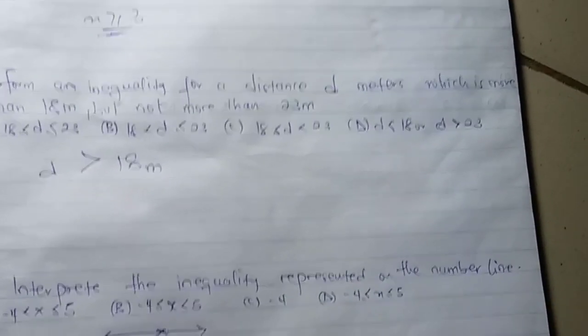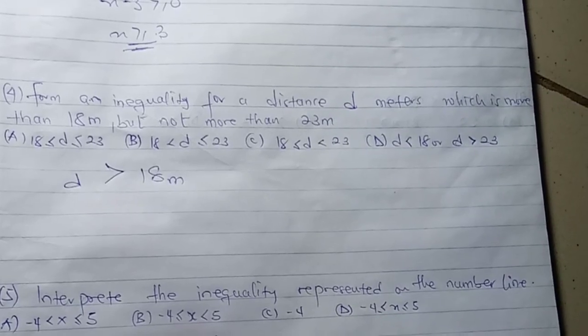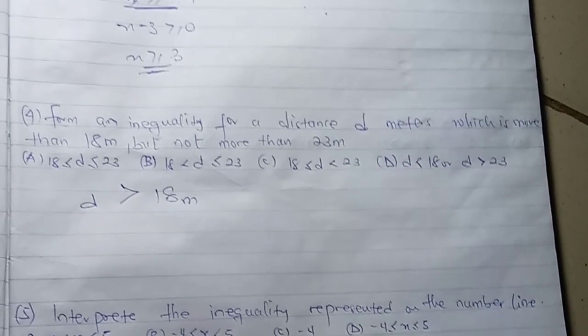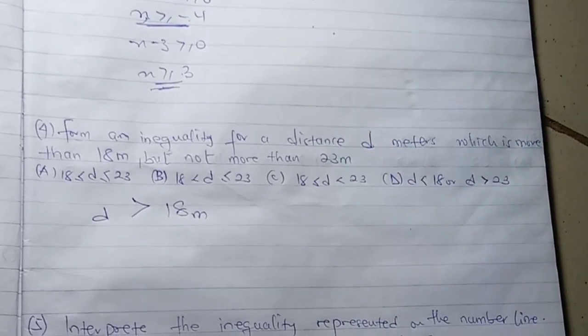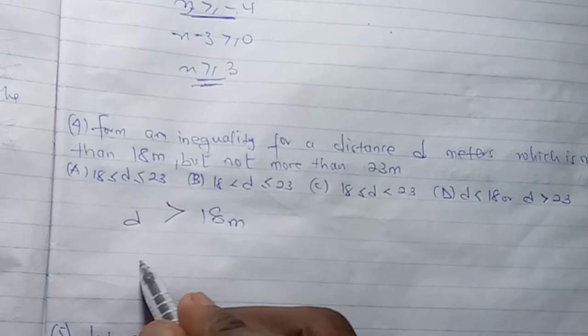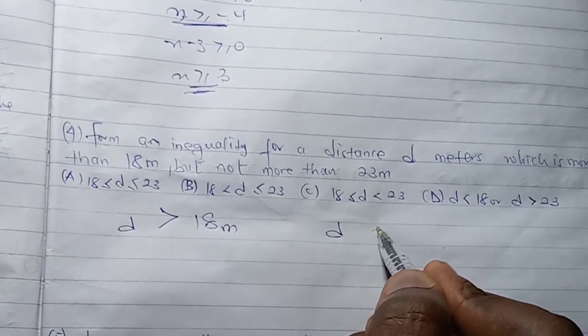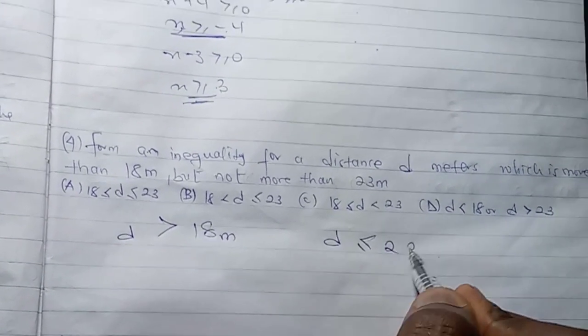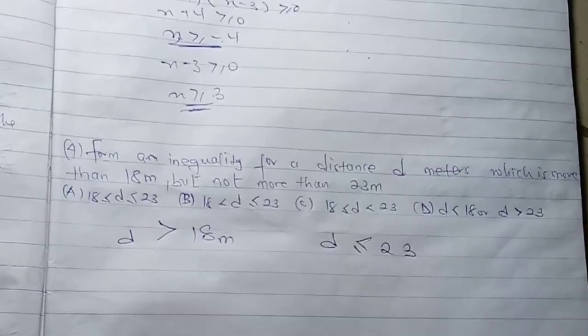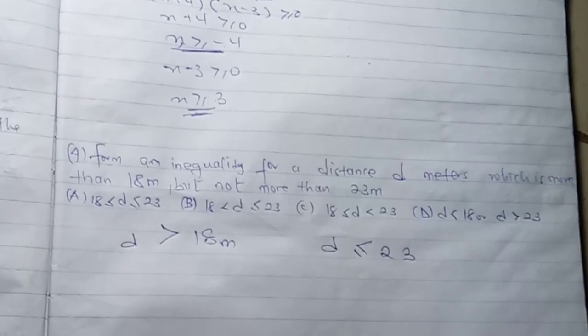It means that d is not more than 23, that means 23 is included, the limit is also included. So d will also be less than or equal to 23. I said, but not more than, so the highest limit is 23.